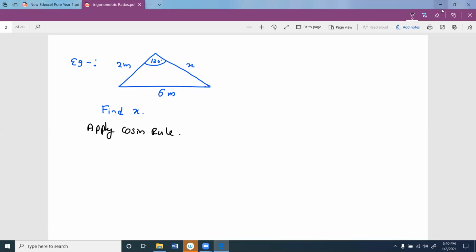Apply cosine rule. For this case, you need to understand what is A. So the side is this, the angle is this, so the side opposite that is 6.